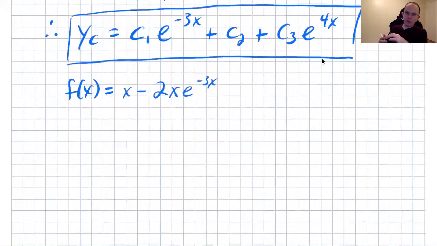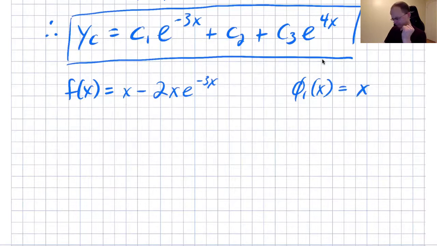So we're trying to figure out the form of the particular solution. So we need to look at all possible terms of this function and its derivatives. Already I see phi 1 is equal to x. So there's an x term right there.